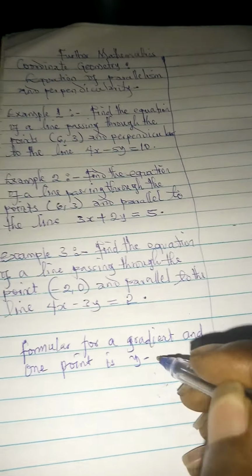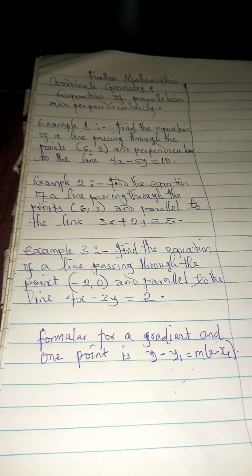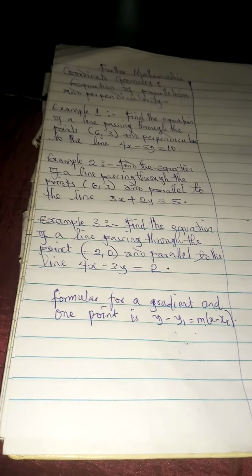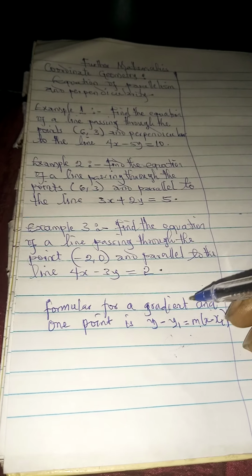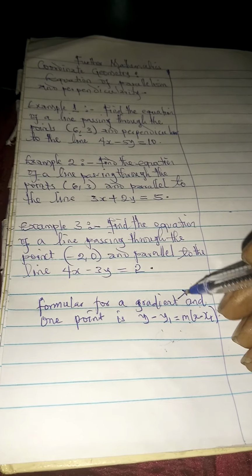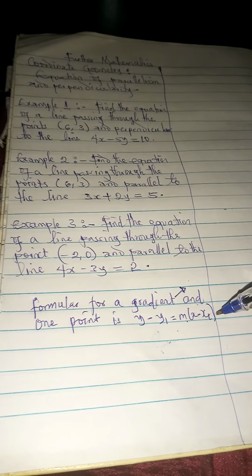I hope you can still recall that formula. So this is the formula we are to use in solving an equation where you have a point and where you have the slope. But for this, you don't have the slope, but you can actually bring out your slope from here. So that is that. So this is what we are going to be using for the first method, y minus y1 equals m into bracket x minus x1.